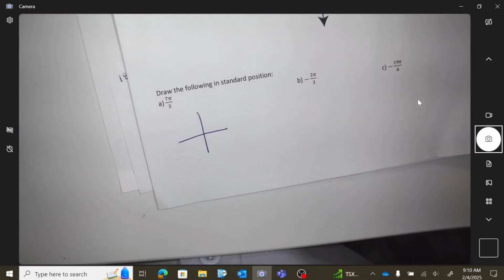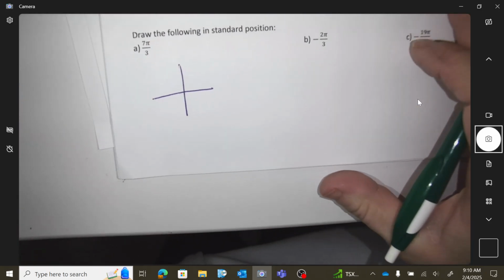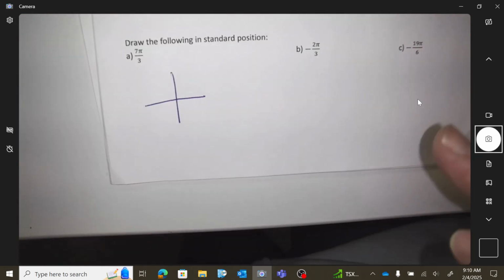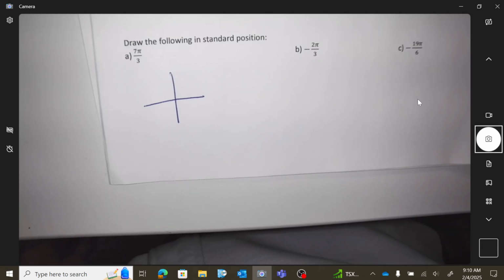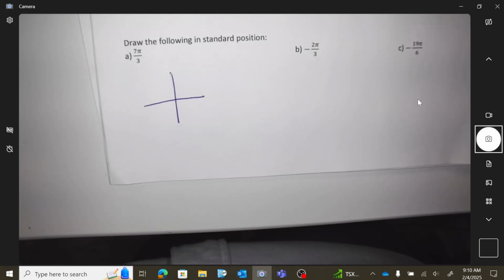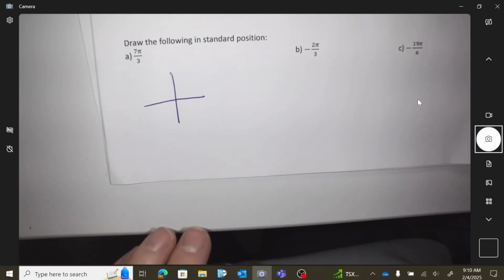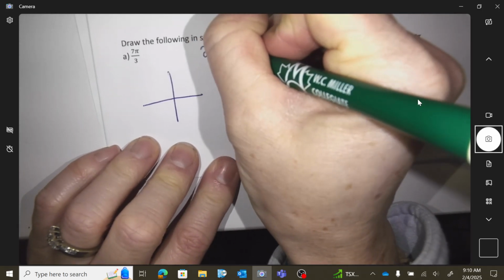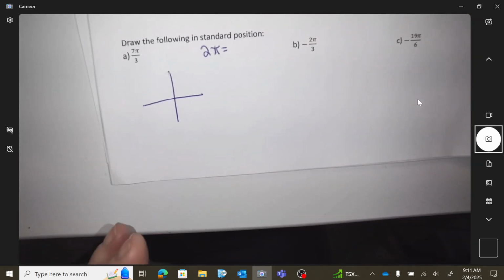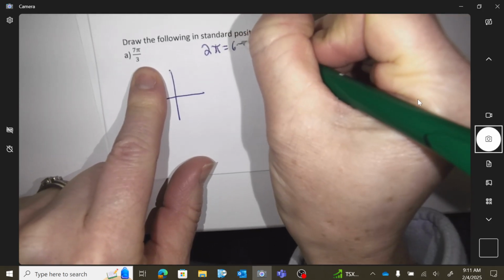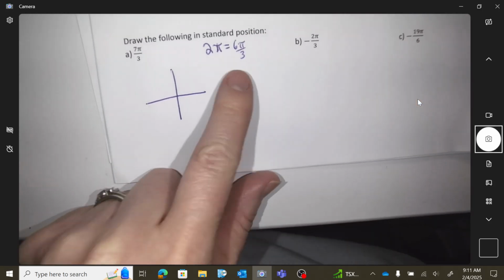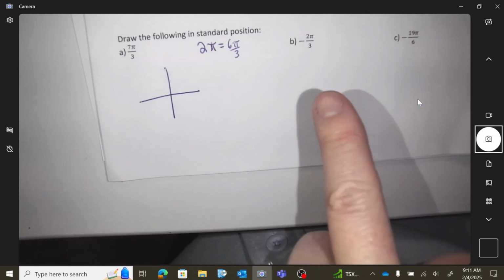Okay, so 7 pi over 3 is my first drawing. What do you know? What's your first instinct when you see that 7 over 3 value right there? More than a full circle. Okay, so here's what I know. 2 pi would be what to match this fraction? 6 over 3, and that is bigger than doing that.